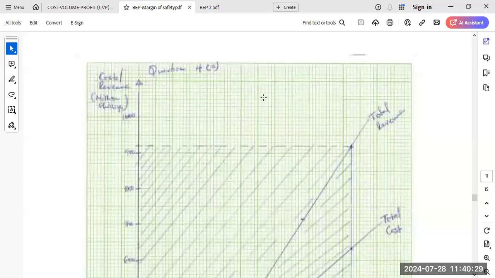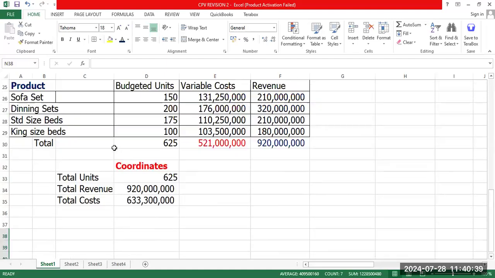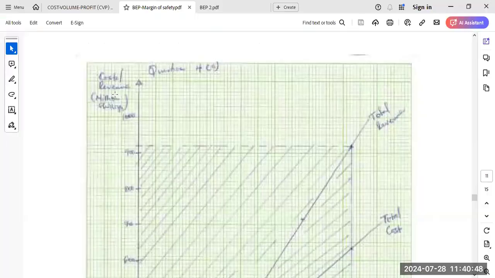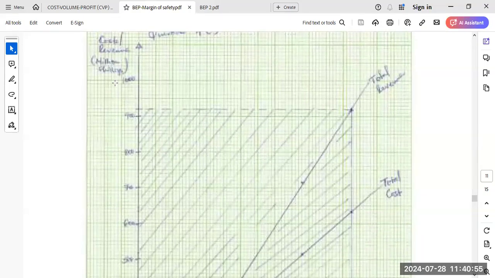We are saying once you get to coordinates, this is your coordinate based on break-even point. Then also these are your coordinates. On your graph, you will need to get the scale based on your total revenue figures, because as I present my figures on the vertical axis, I should include all the figures.